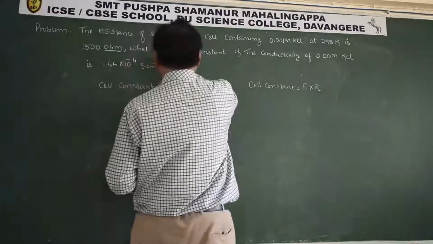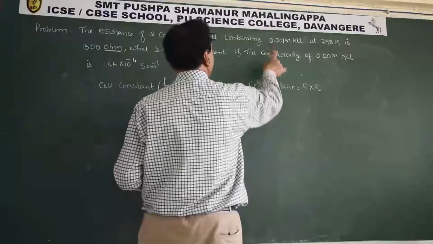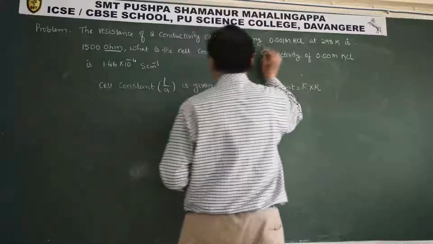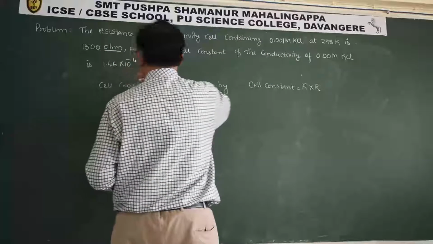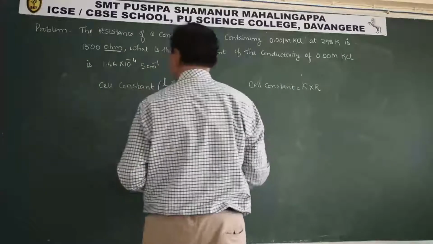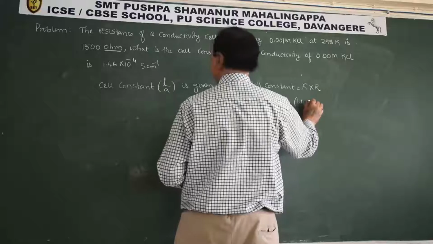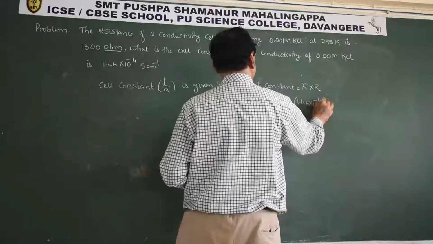The resistance is given as 1500 ohm, and the conductivity is 1.46 into 10 to the power of minus 4.